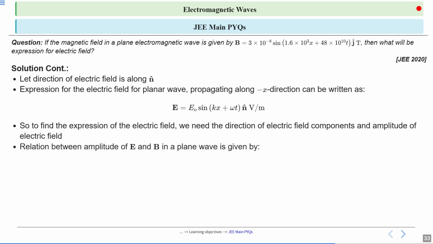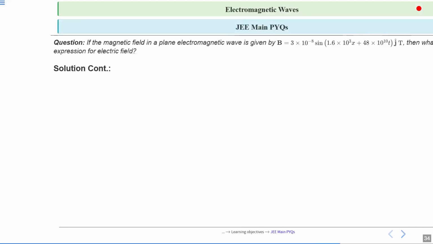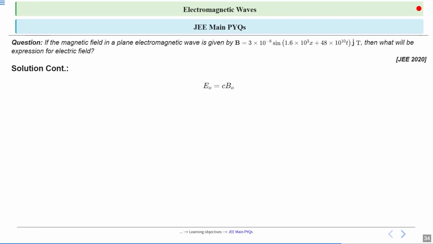The relation between amplitude of electric and magnetic field in a plane wave is given by B naught equal to E naught upon C according to NCERT equation 8.10. So E naught will be equal to C B naught. So we'll find the peak value of electric field, which is equal to C B naught.